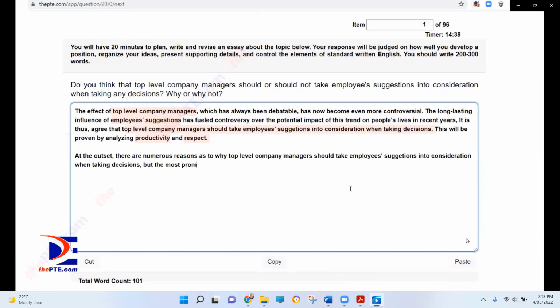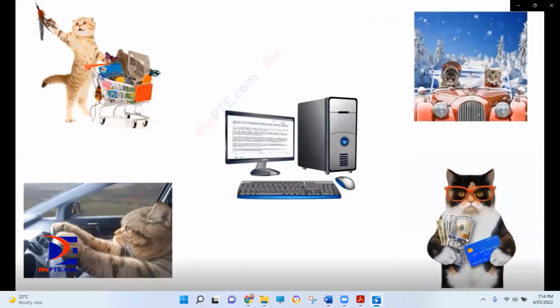"But the most prominent one stems from idea 1," which is productivity. "For example," produce a simple example consisting of 2 sentences. So here, just make a simple sentence that is grammatically sound, and if it doesn't make sense, it is okay.